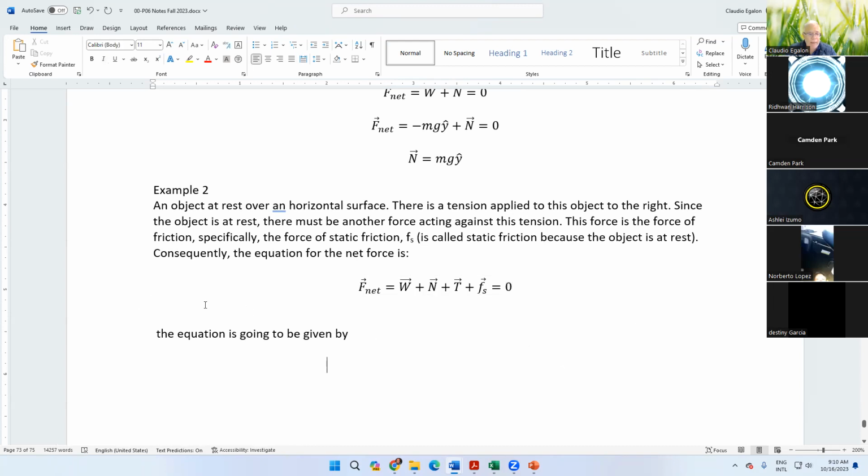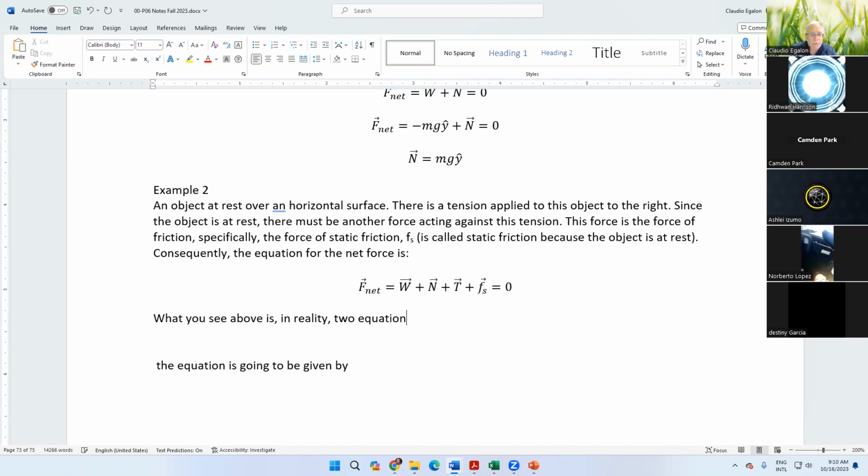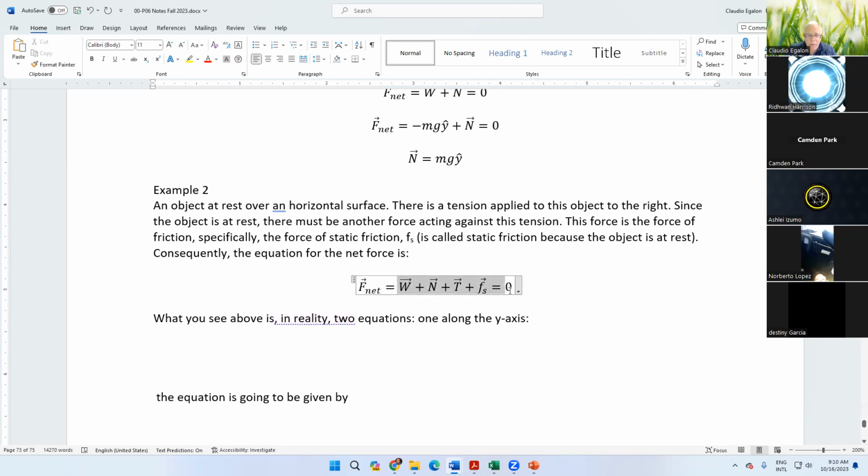What you see above is in reality two equations. One along the y-axis, which I sort of mentioned before, is this one right here.